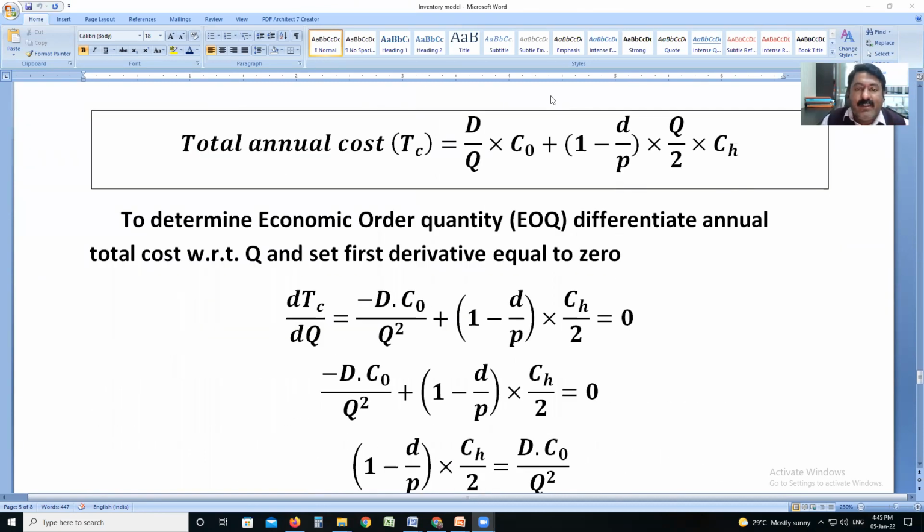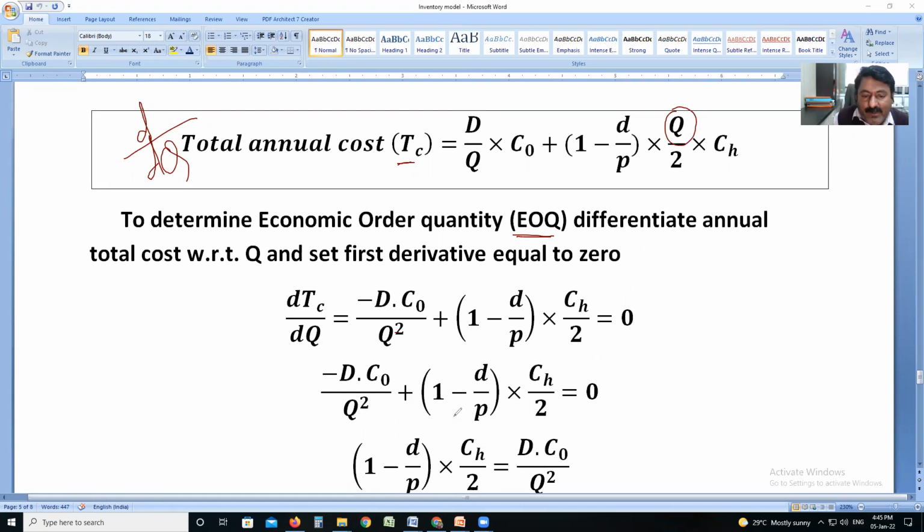Now friends, again the last case we have discussed. Here this is your total annual cost TC, and in order to get the EOQ, you have to differentiate TC with respect to Q. So d by dQ of TC: this is 1 upon Q, so it will become minus 1 by Q square, D into CO, plus 1 into (1 minus D by P), D by P constant, this Q becomes 1, and into CH by 2.